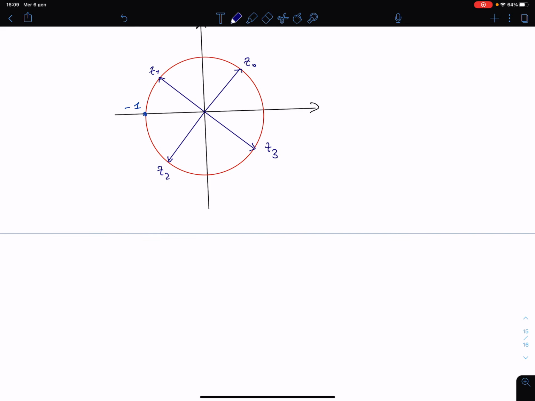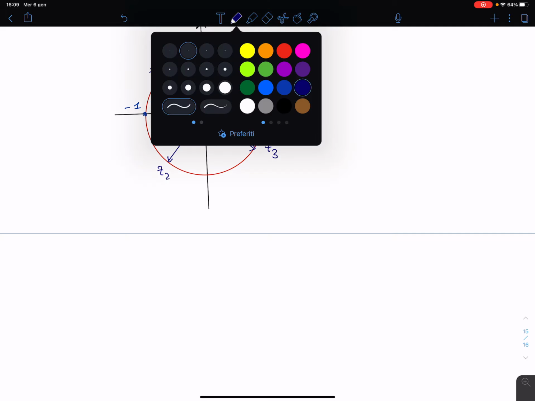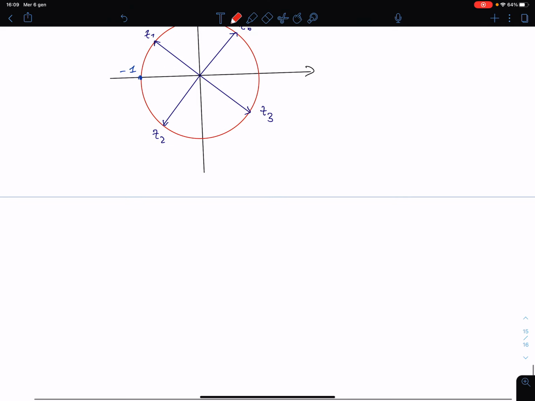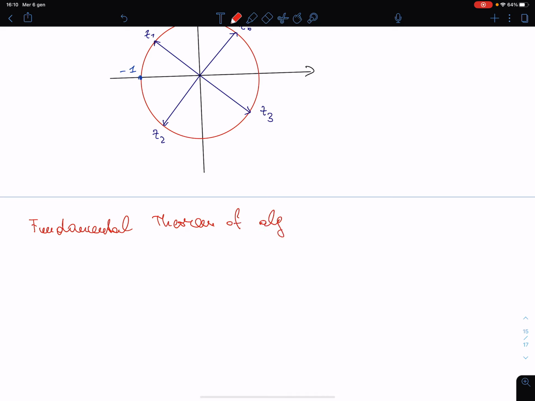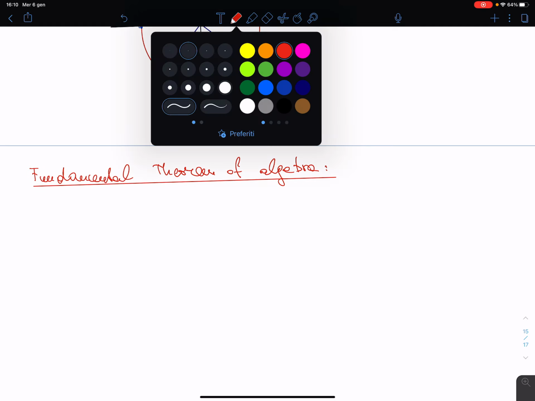I will now tell you, from a cultural point of view, what the fundamental theorem of algebra says.